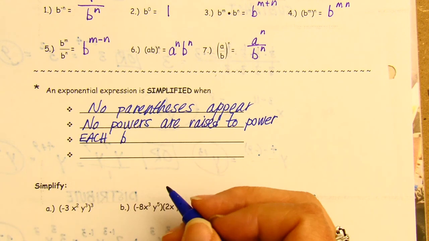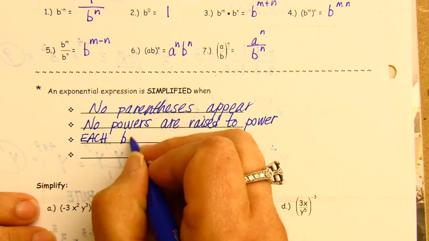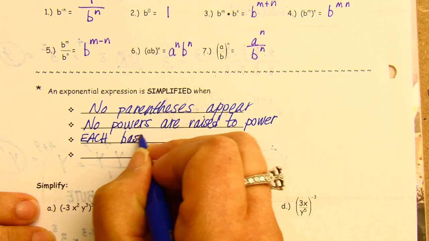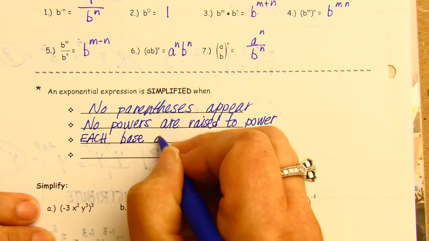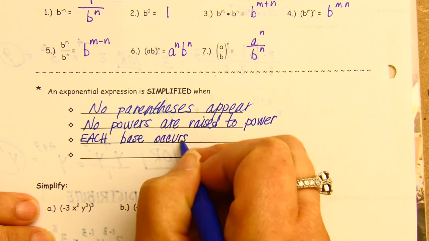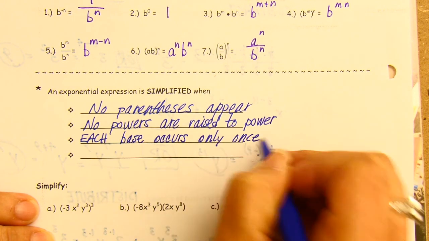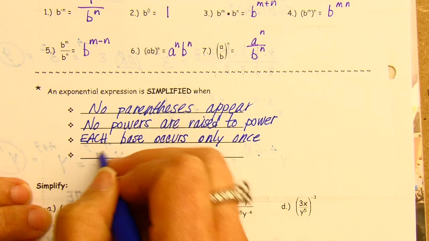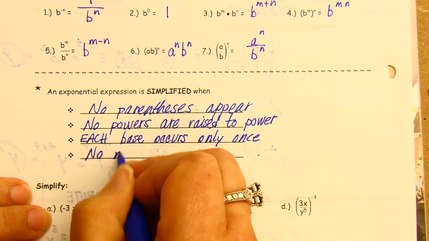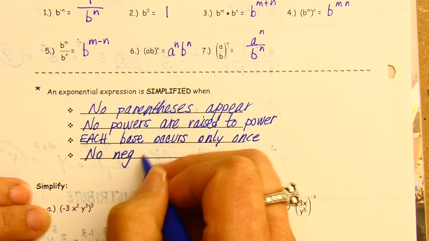You've got to combine and show that each base occurs just one time. So each base occurs only once. And of course, one of the biggest ones here is no negative exponents.